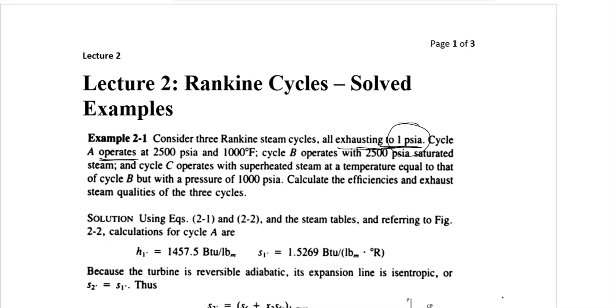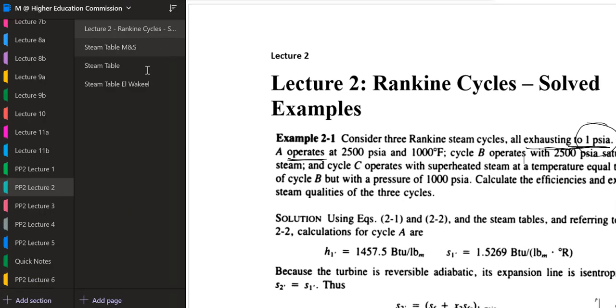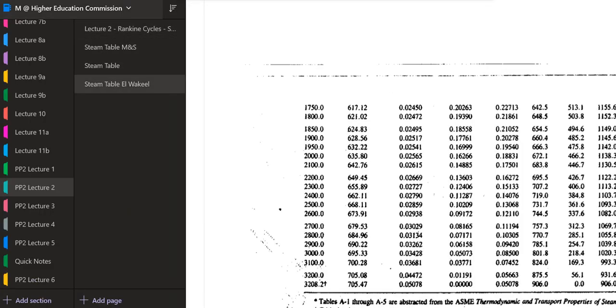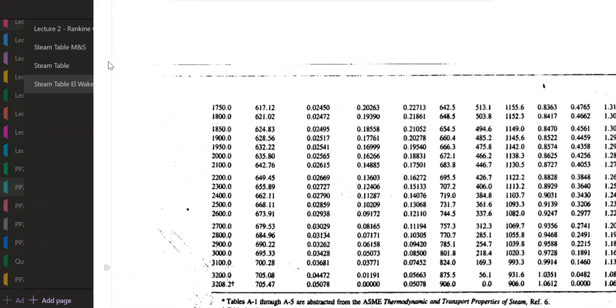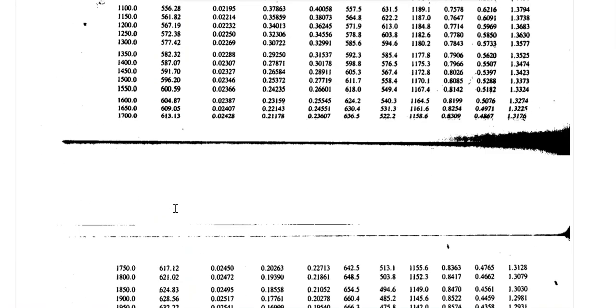So what we have to do is look at the steam table, and first thing first, we have to check whether this 2500 psi and 1000 degrees Fahrenheit is in a saturated region or in a superheated region. So let's check the steam table. In the steam table of Wakil, we have got the pressure table over here.